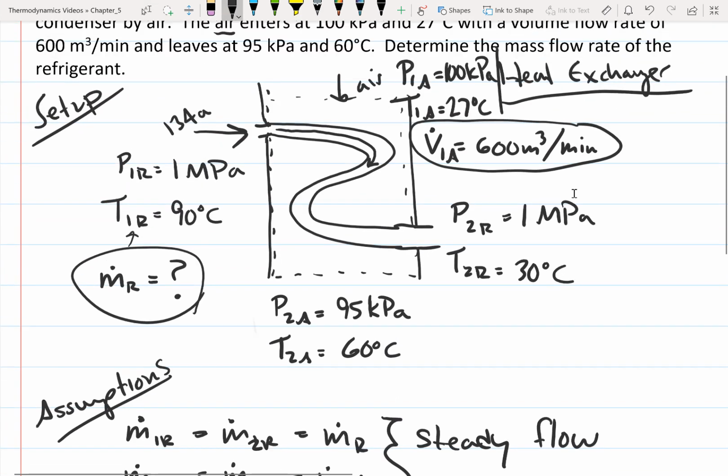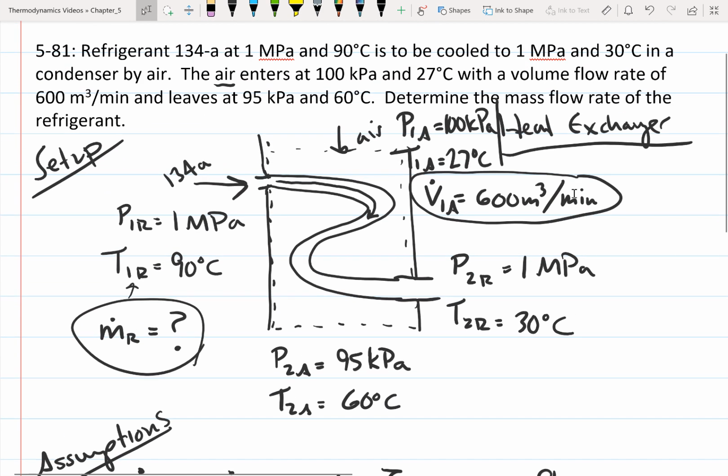The other thing is we're not given any information in the problem about the velocities, so even if we wanted to calculate the change in kinetic energy, we don't have the information to do it. So this is another thing to pay attention to. You could potentially have a change in kinetic energy, but you would need to know what the velocities are. If your problem gives you information about velocities, that's something you might need to consider.